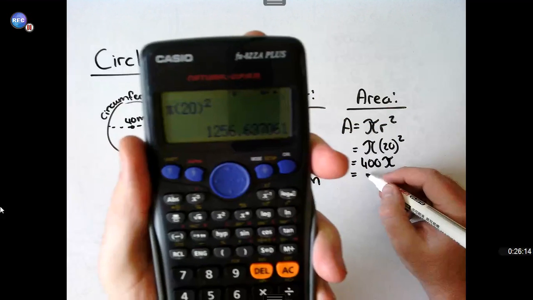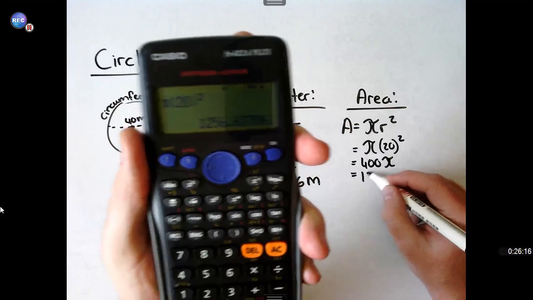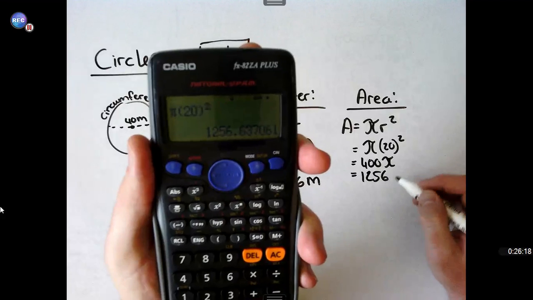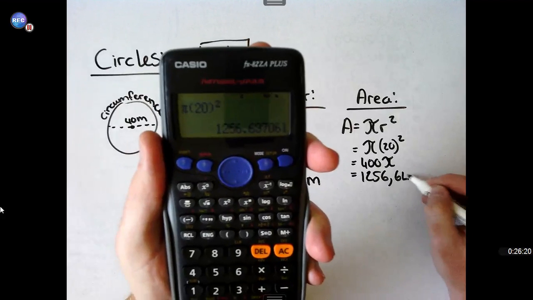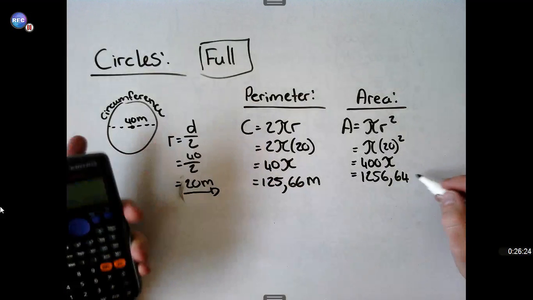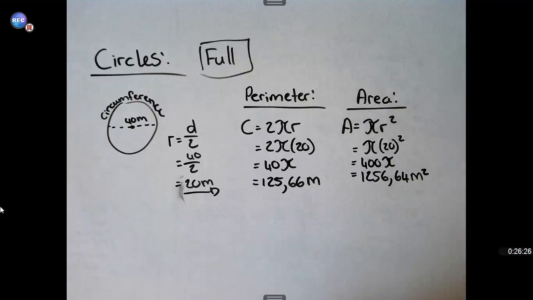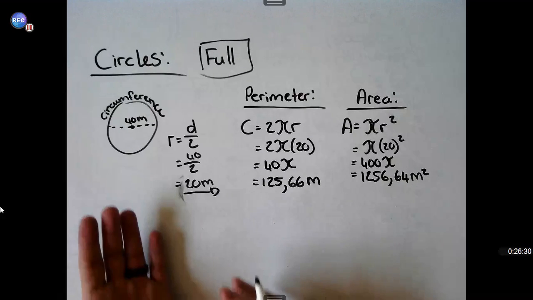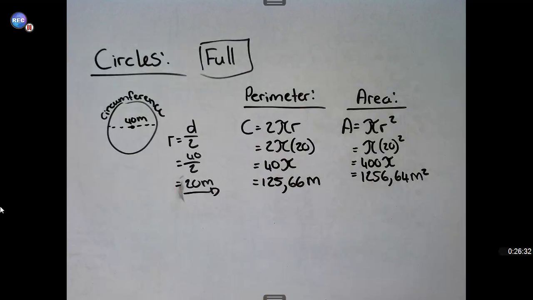So your final answer will then be 1226,64. And because it's square, we're going to say meters square. Okay, and there is how you calculate the area and perimeter of a full circle.